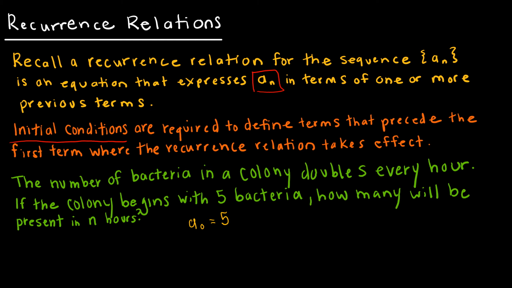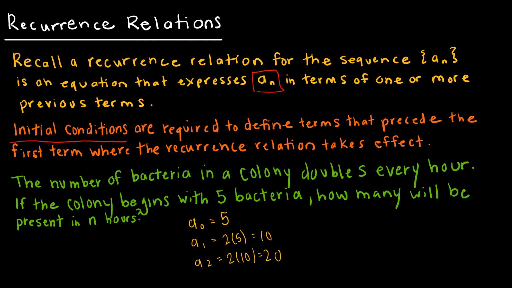Now remember that it's going to double every hour. So a sub 1 would be 2 times 5, which is 10. And a sub 2 would be 2 times 10, which is 20. And really, I don't care about those values.